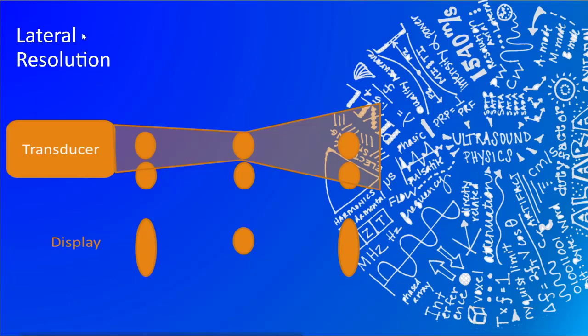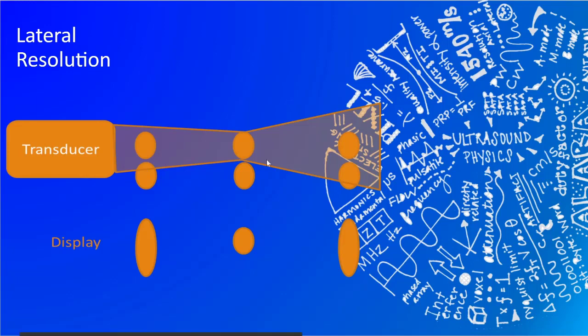So lateral resolution artifact is also known as point spread artifact. Again, we will only see 2 structures being independently displayed as long as the beam cannot interact with both of them at the same time. So we have the beam coming out, it's hitting both of these structures at the same time. The machine doesn't know that they're 2 separate structures, it displays it as one.